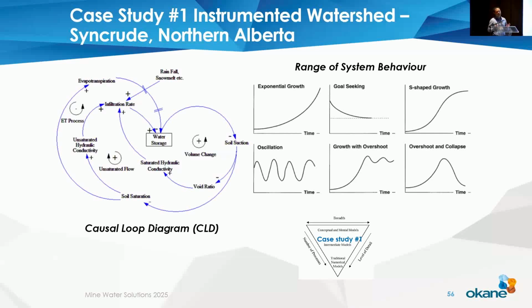As you can see here, there are three major feedback processes. We identified the volume change, which is a positive feedback, and the unsaturated flows. The other feedback we identified is the evapotranspiration processes. That was a surprise. The direct outcome of this diagram exercise is that we identified that the ET processes have been ignored or simplified in the past, where ET simply served as a model input.